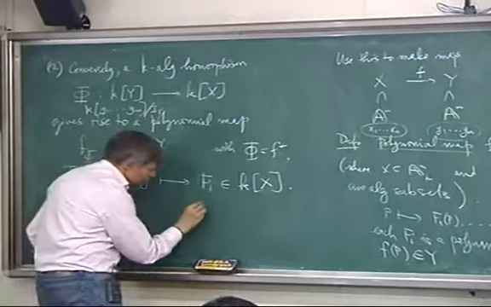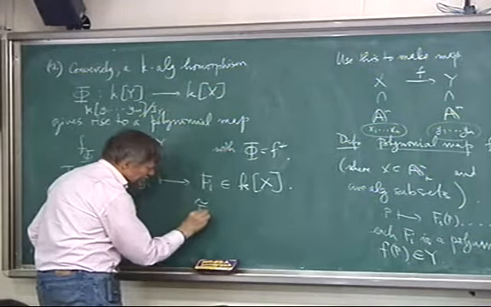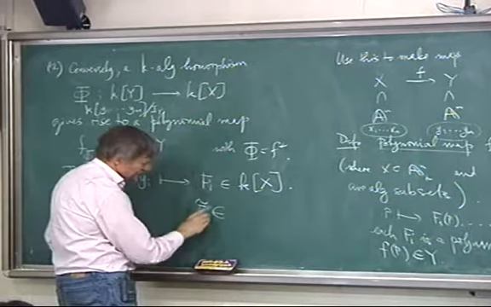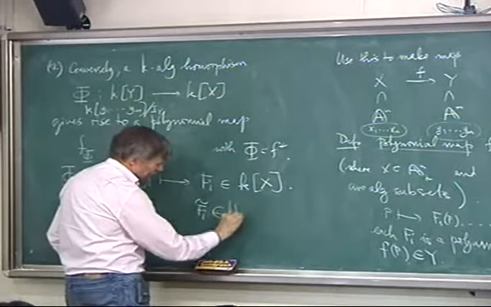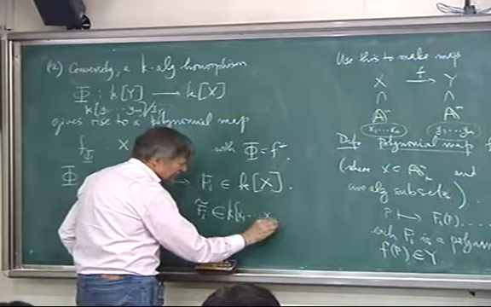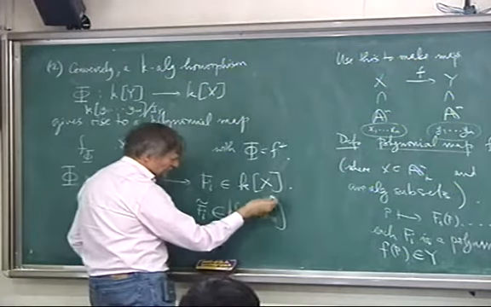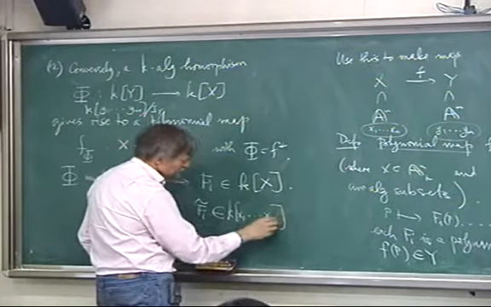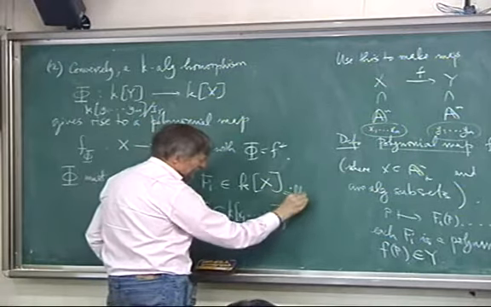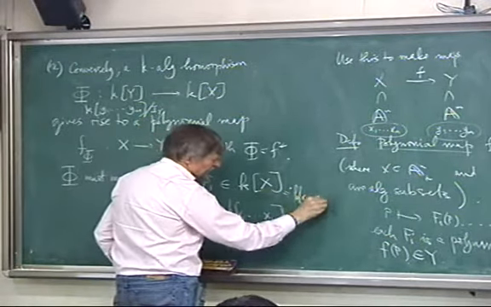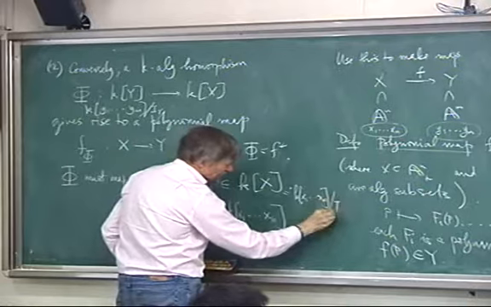Okay, so I'm going to choose a representative. I'm going to choose fi twiddles in k of x1 up to xn. Right. So this is k of x1 up to xn divided out by the ideal of x.